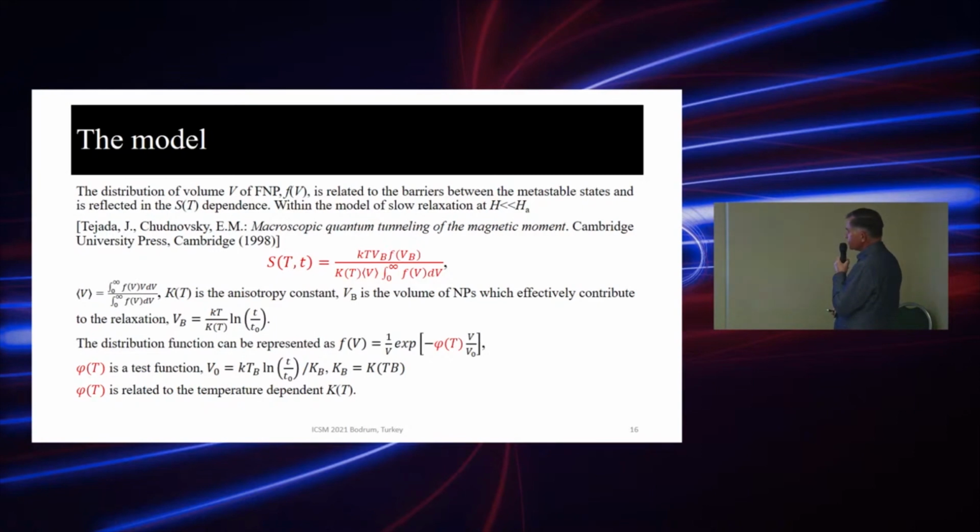First of all, we found that it was not possible to fit the experimental data if we use a usual expression for the distribution function, without this phi versus theta, simply 1 over V exponent minus V over V naught.